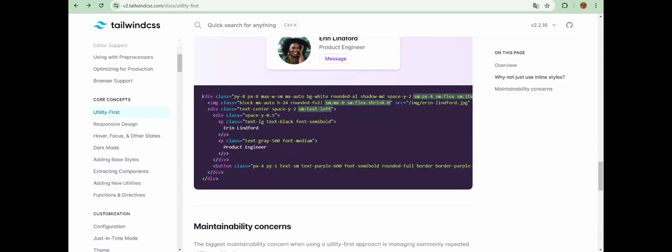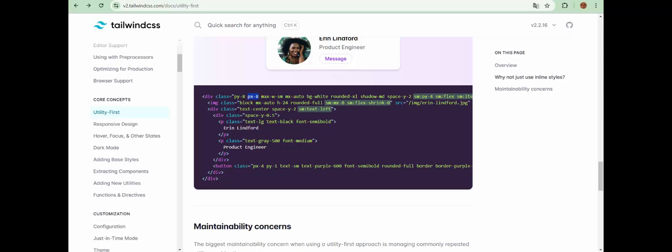Here it is with Tailwind. When we see this PA-8, PX-8, PY, all that, it is some dimension, horizontal, vertical.